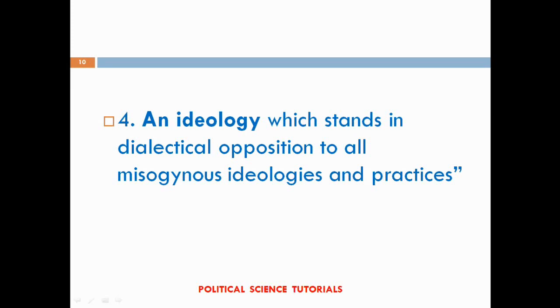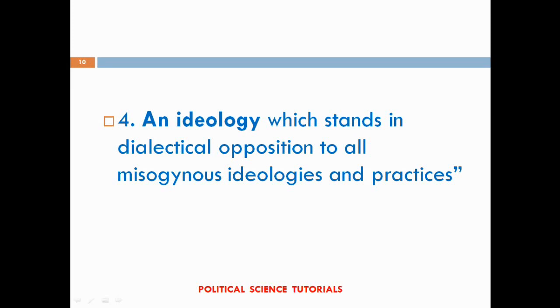So, from this definition, we can say that feminism is a holistic theory, or it considers the subordination of women as a global phenomenon. Secondly, it is not only a theory but a practice which aims to free all women from any type of male supremacy and domination.